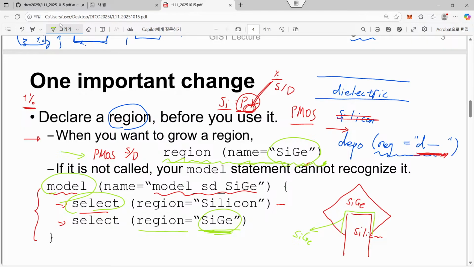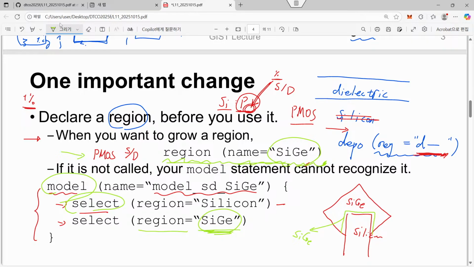If you know the whole list of your materials or your regions, then you can declare them all, and there is no problem, because the appearance order itself is not that important. Whether it was already declared or not, that is the only concern of this model specification. So are you with me?